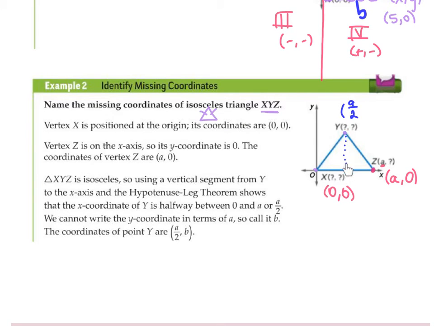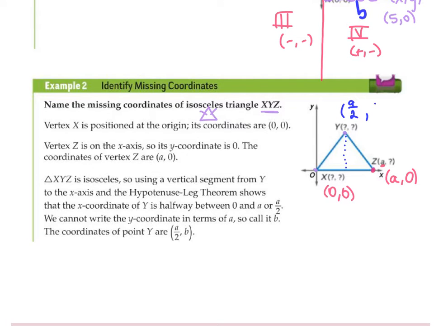For our y value, or how high it is in relation to our y-axis, we don't know that. We don't know the number, but we know that a is already claimed for our x-axis.